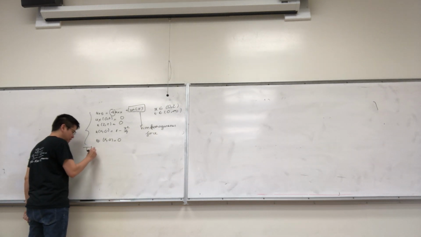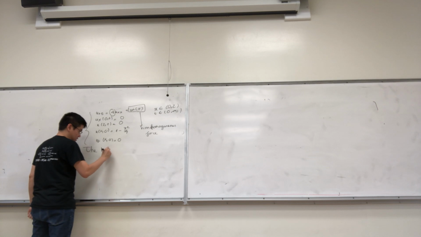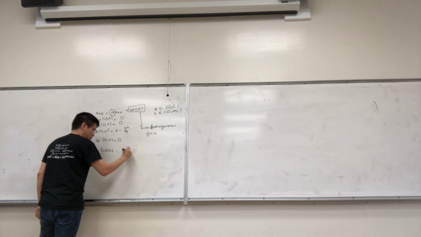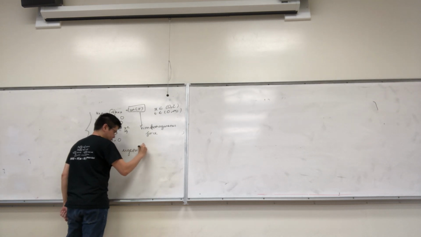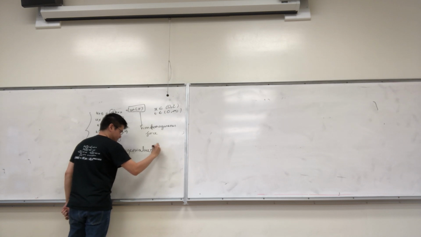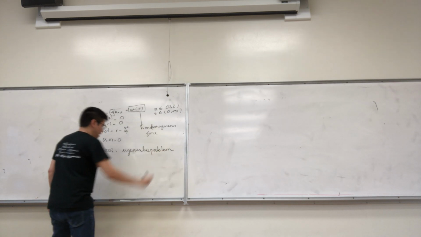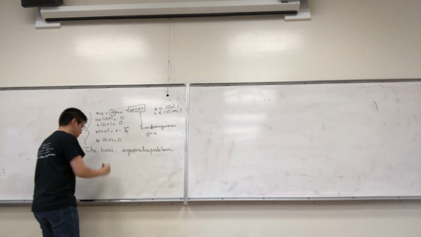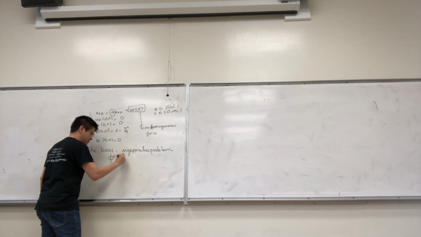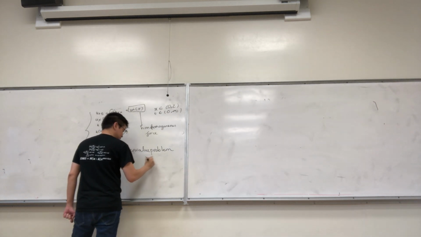Now, you're going to have to find the basis. This is the eigenvalue problem. So the eigenvalue problem will be phi double prime is equal to lambda phi, with x from 0 to 2.